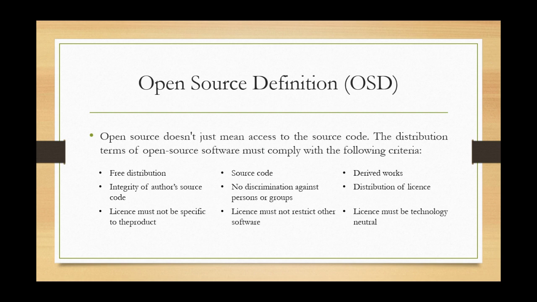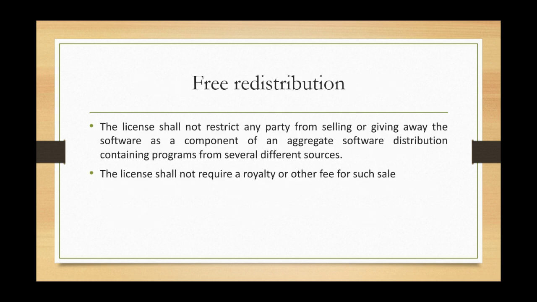So these are the characteristics of an open source software. So we will go and discuss one after another, starting with the free redistribution.